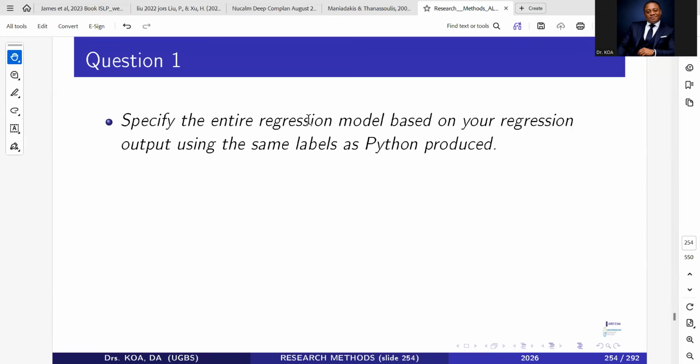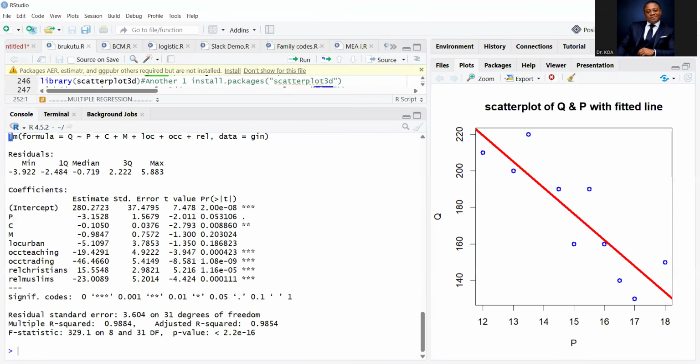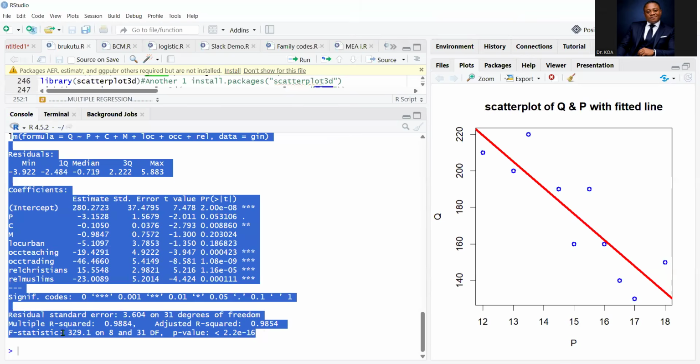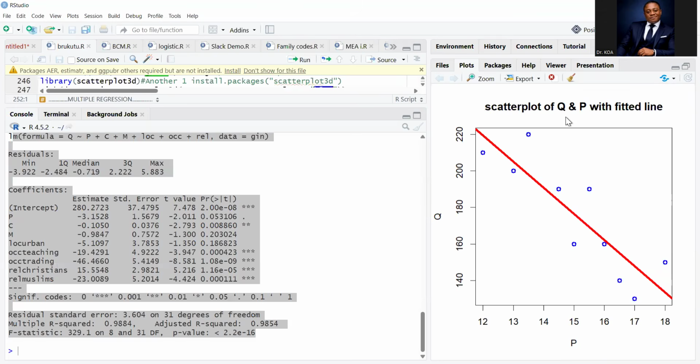So your eye must be looking at the regression table, the result, in the question paper, and then you specify the regression model.